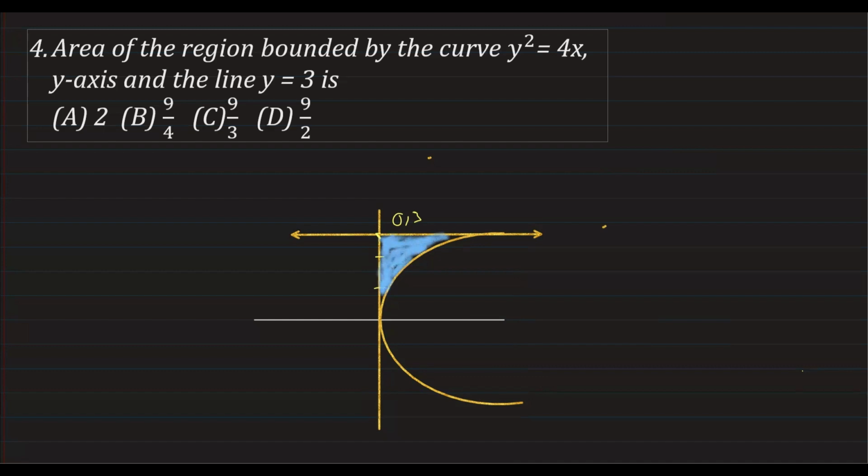Now for here, we have to make a horizontal strip. This is important to remember, that the strip we are going to make is a horizontal one, like this one.